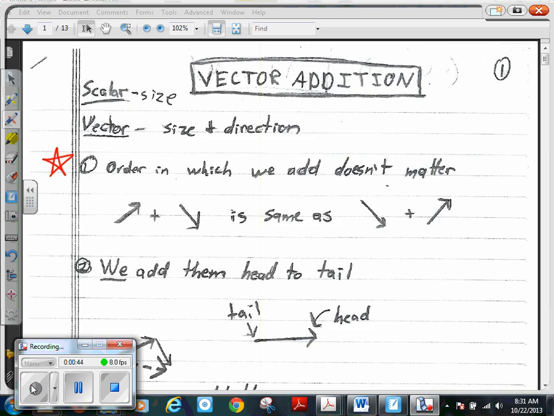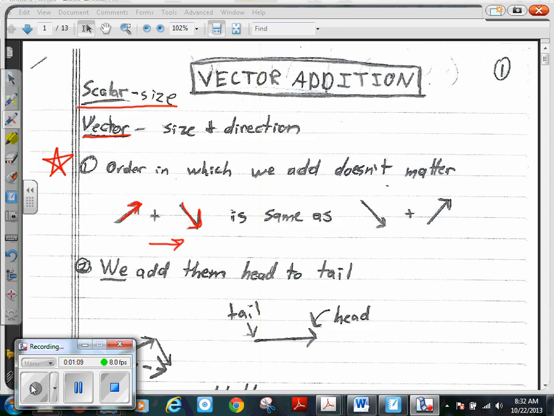So it's nice to be able to do what you need to with the math. So vector addition, remember scalar has just size. Vector has size and direction. And just to look at the notes, if we add this plus this, we're going to get this, right?